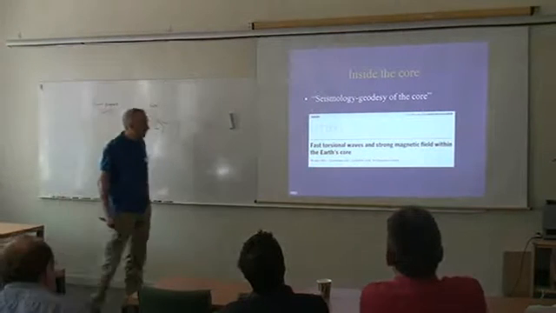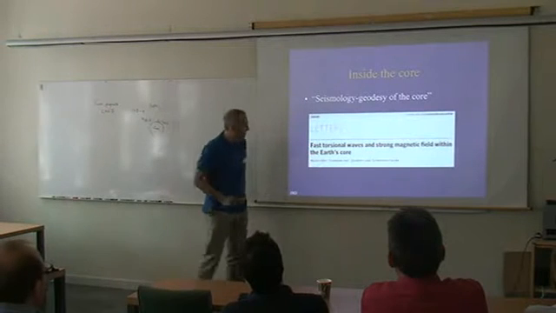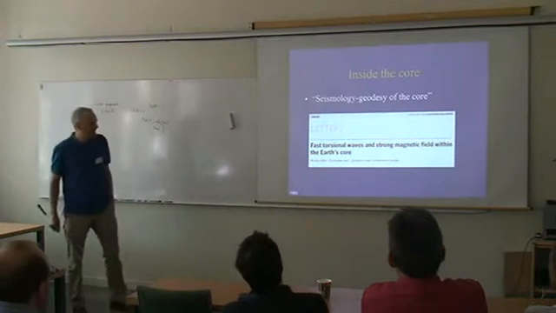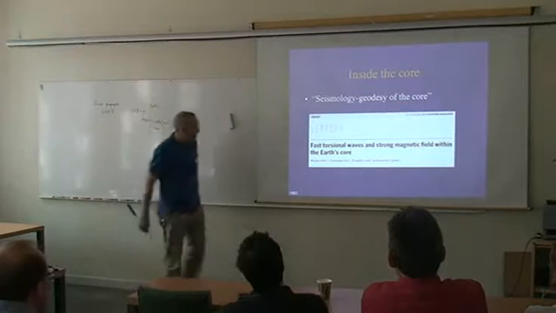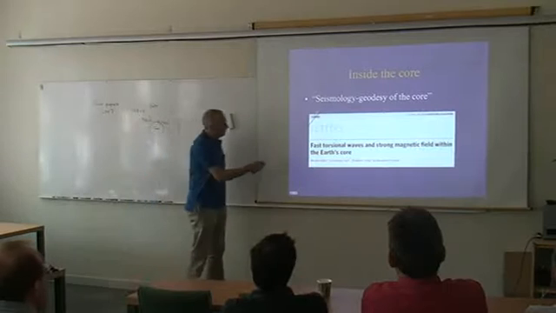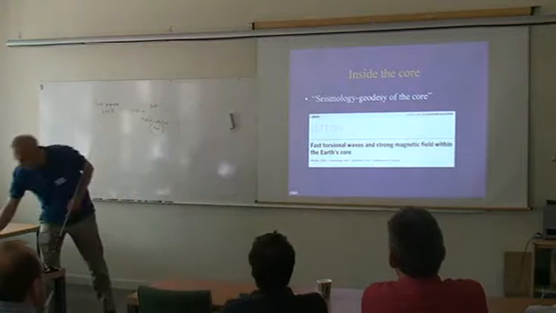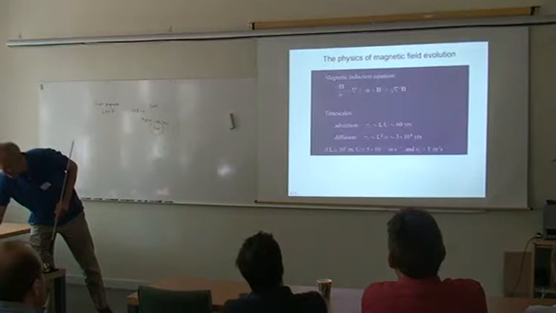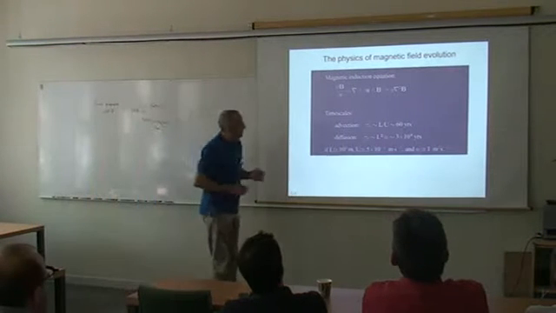It is, I think, the most important result and essentially the first application of data assimilation techniques to the Earth's core. I call it seismology geodesy of the core, and I hope you will see why. Let's first of all just look at the physics of the way the magnetic field evolves.